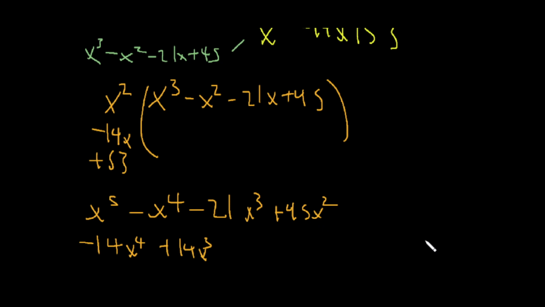Let's get the calculations for that. That's around 294, 294x squared, plus 45 times negative. Let me do it in my head. Around 630. Yeah, that's around 630x.